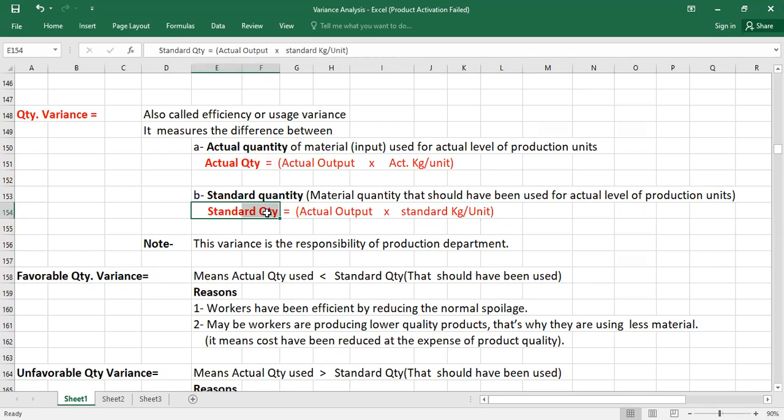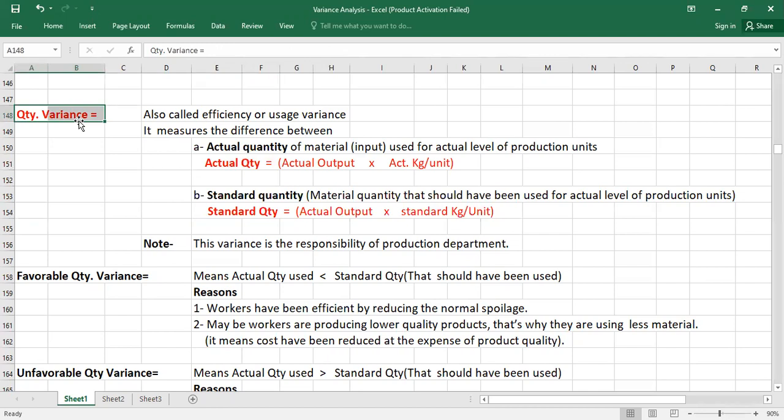There is another point: quantity variance is the responsibility of the production department. But sometimes we can also assign the quantity variance to the purchasing department. As I told you before, if the purchasing department buys material with inferior quality, it could result in unfavorable quantity variance because wastage will increase.